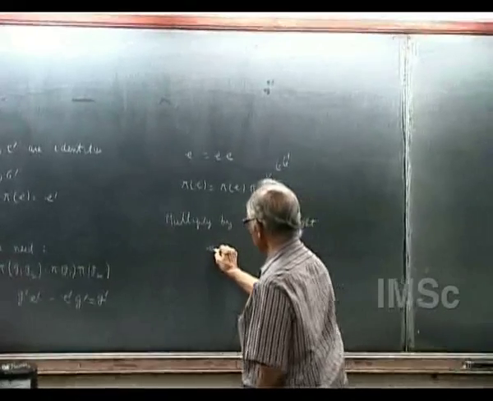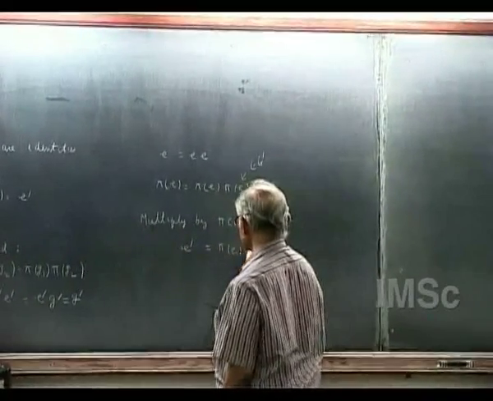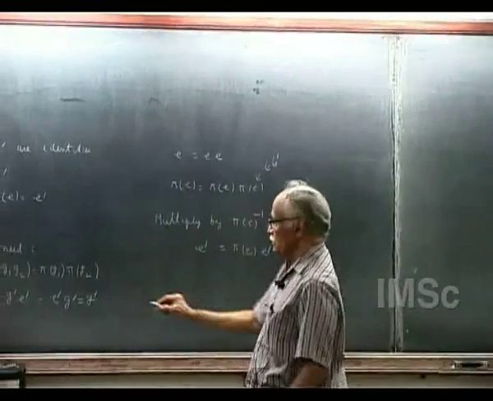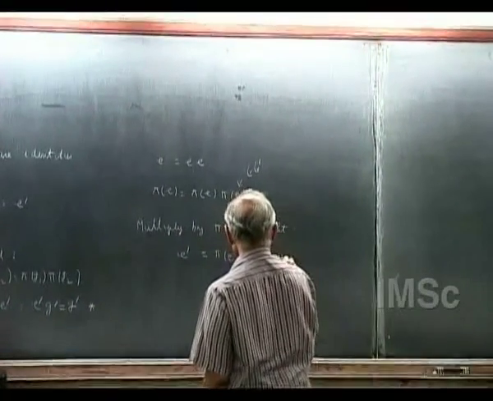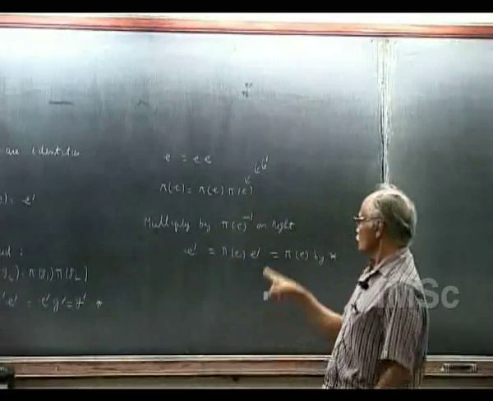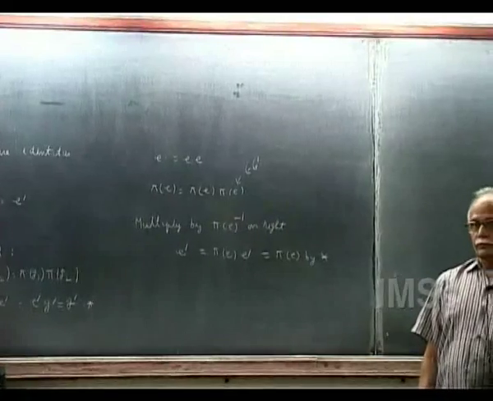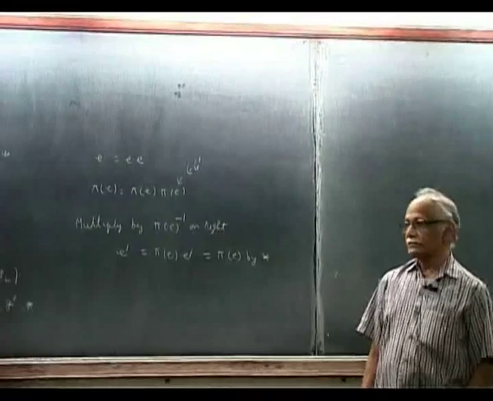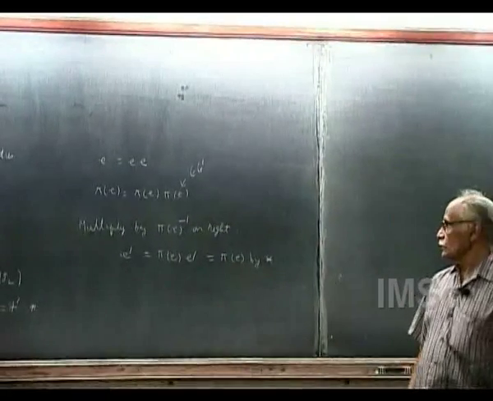I will get E prime on the left side, and that will be equal to phi of E. But using the property star, this is equal to phi of E by star. So we proved that phi of E is E prime. It's quite an easy proof, so it's worth seeing that fact.